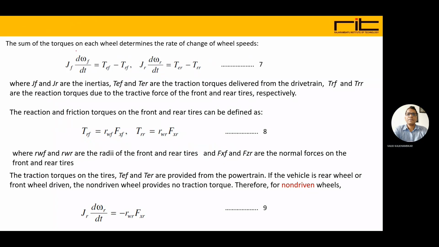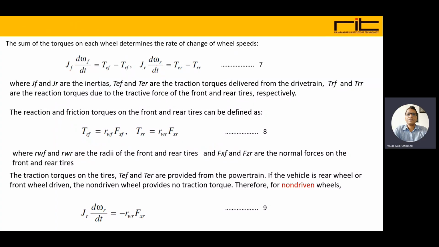If you see this, Jf d omega f by dt equals Tef minus Trf, where Jf and Jr are the inertias, Tef and Ter are the traction torques delivered from the drivetrain, and Trf and Trr are the reaction torques due to the tractive forces of the front and rear tires respectively. So we can see the torques on the front and rear wheels.